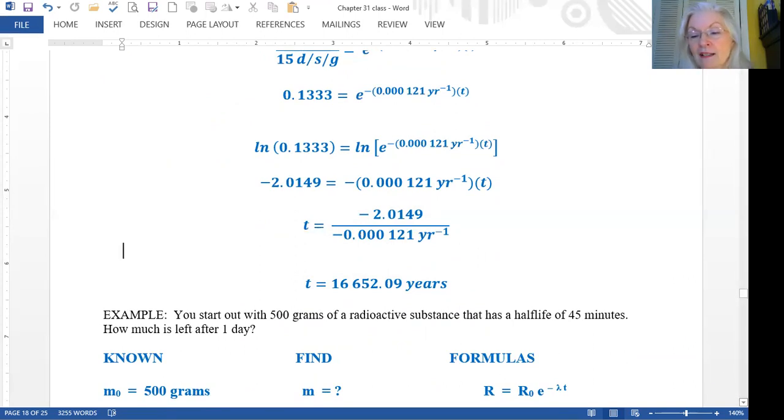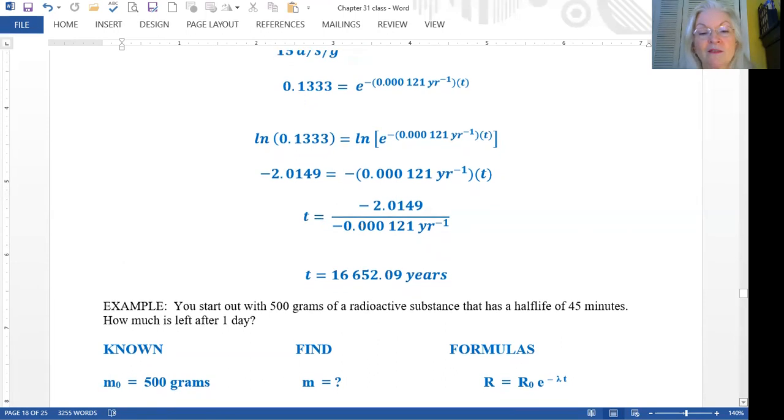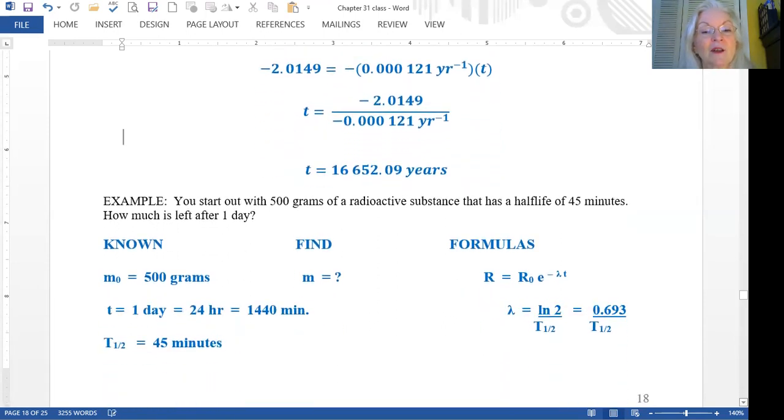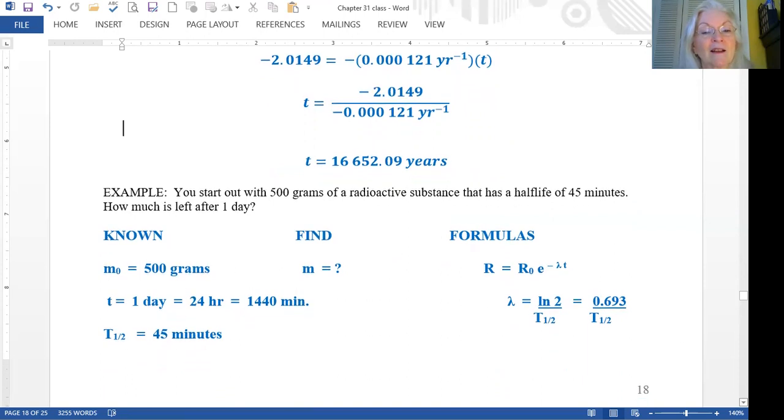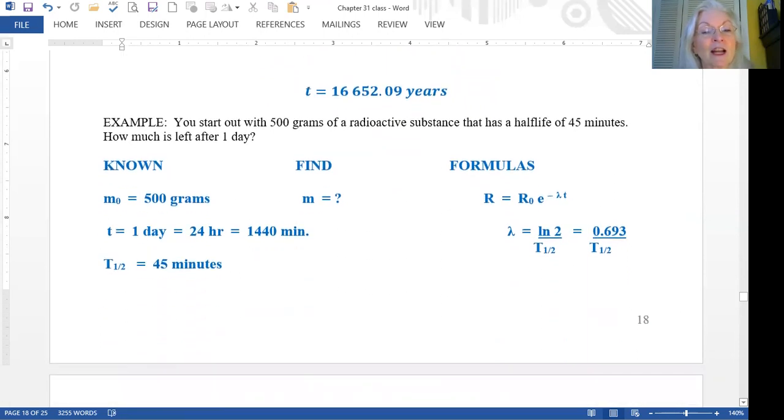Okay, last example for radioactive decay. So we start out with 500 grams of a substance that has a half-life of 45 minutes. How much is left after 1 day? So our mass is 500 grams. We've got 1 day. Now, we know our half-life is in minutes. So why did I turn the 1 day into minutes?